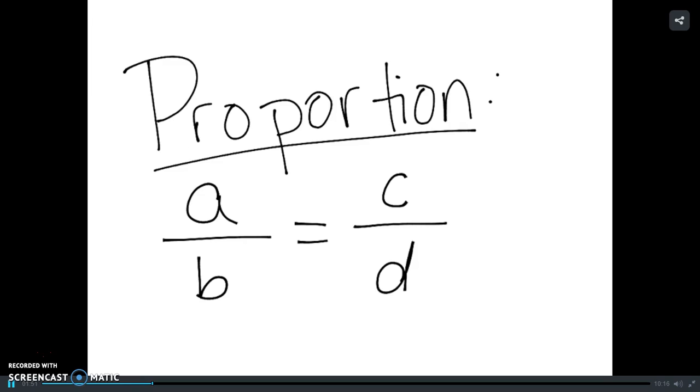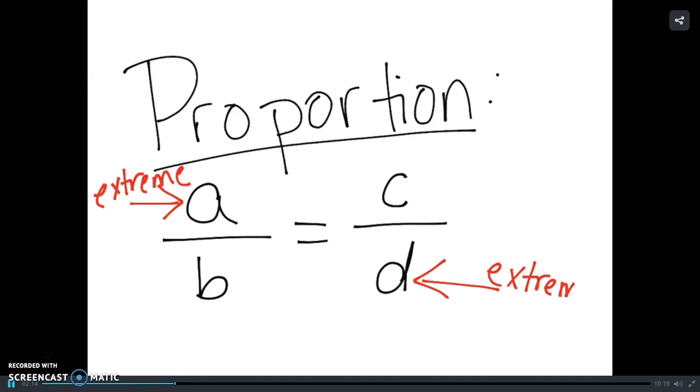When we're looking at proportions, we have a couple of different names, or terms, that we need to look at. First of all, the first and last terms here, in this case A and D, are called the extremes. So this is an extreme, and this one is an extreme.